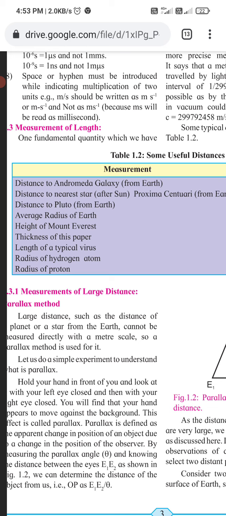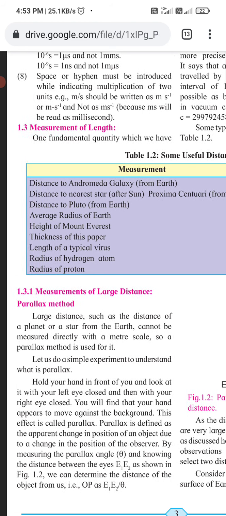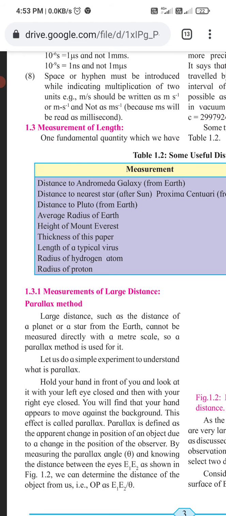Hold your hand in front of you and look at it with your left eye closed, and then with your right eye closed. You will find that your hand appears to move against the background. This effect is called parallax.